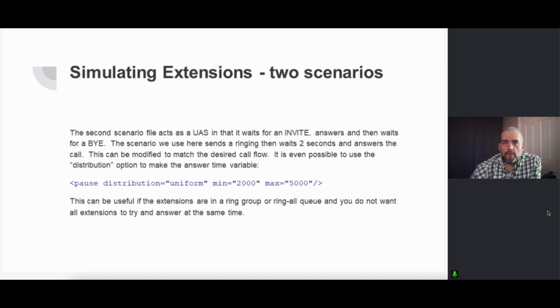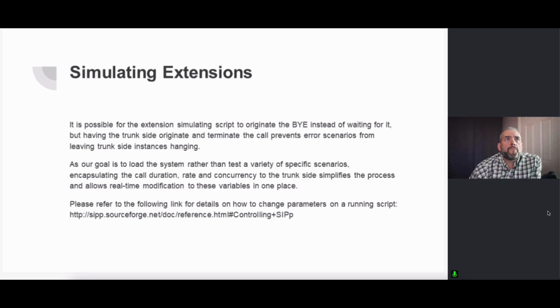It is possible for the extension simulating side to generate the bye instead of waiting for it, but having the trunk side originate and terminate the call prevents scenarios from leaving the trunk side instances hanging.